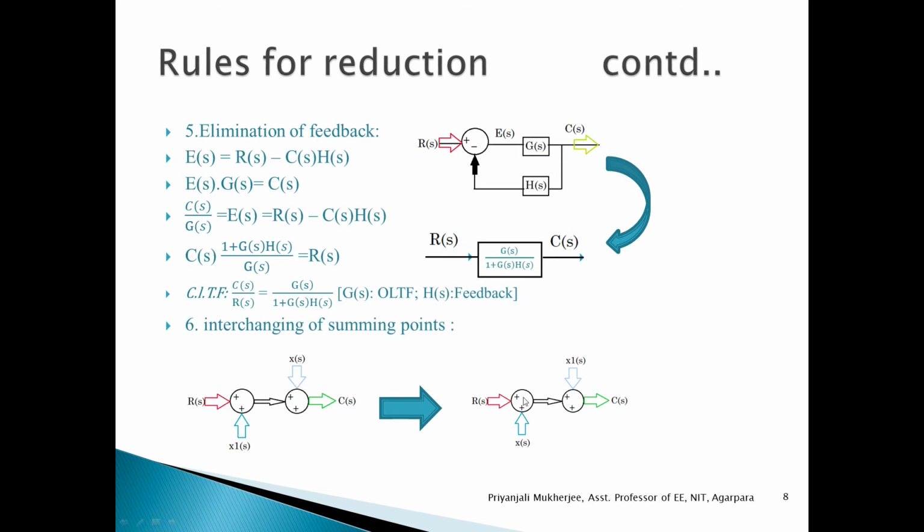That means for the first summing point, the inputs are R(s) and X(s), then its output goes to the second summing point, and X1(s) is connected to the second summing point. So here also C(s) is equal to R(s) plus X(s) plus X1(s). From this we can say that interchanging of summing points will not affect the output.